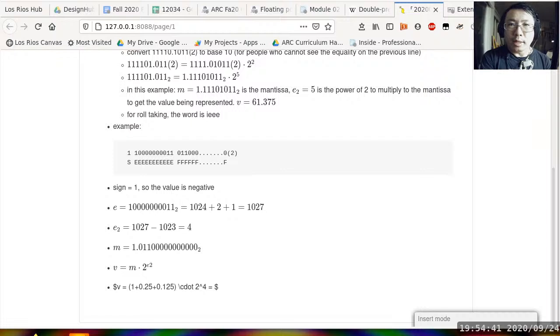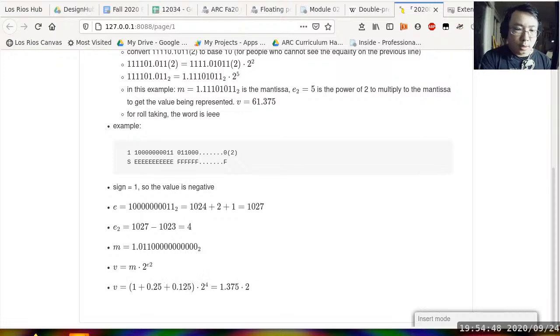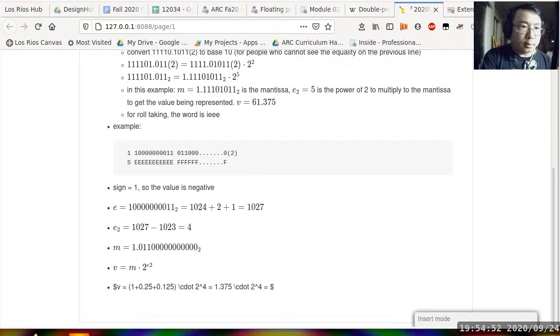Now we have 1.375 times 2 to the power of 4, and no, it cannot be that big. It cannot possibly be that big, because 2 to the power of 4 is 16. So at the worst we can get 31. Okay, we can get close to 32, but it's not even that.